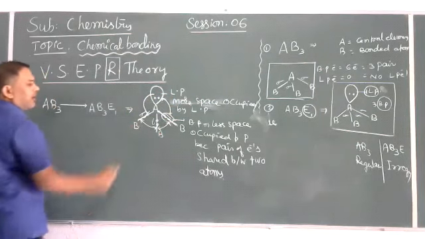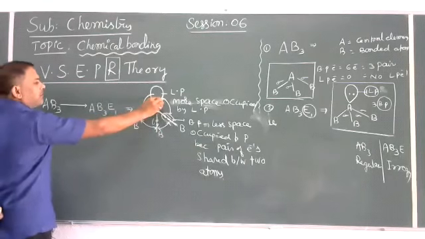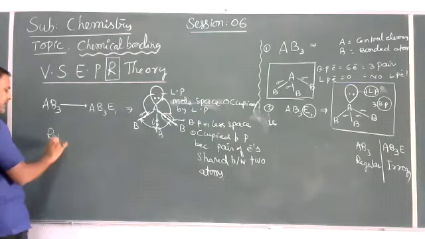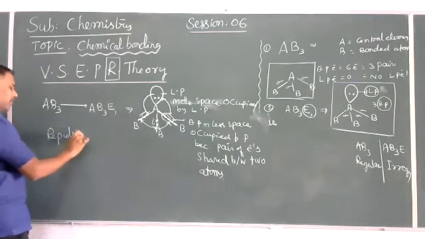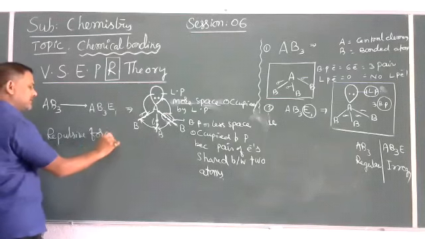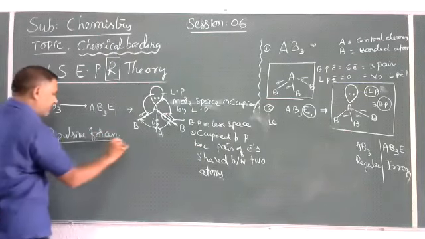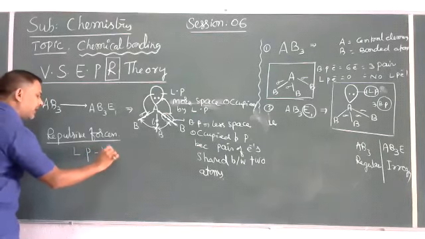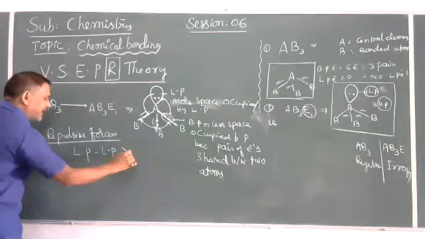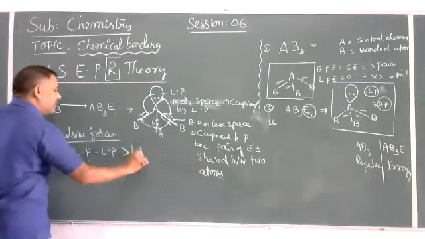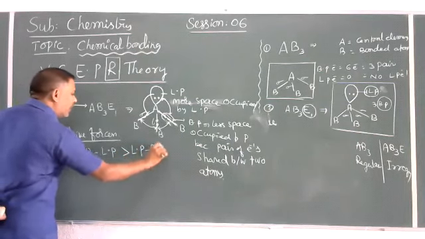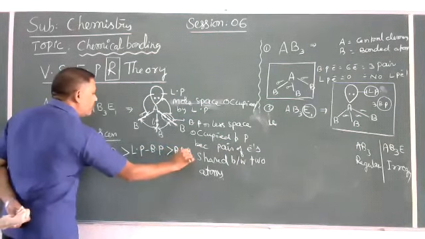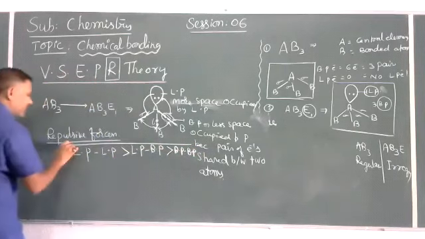Now, if it contains two lone pairs, the order of repulsive forces is very important. LP and LP electron repulsions are generally greater than LP and BP repulsions. It is greater than BP and BP electron pairs.